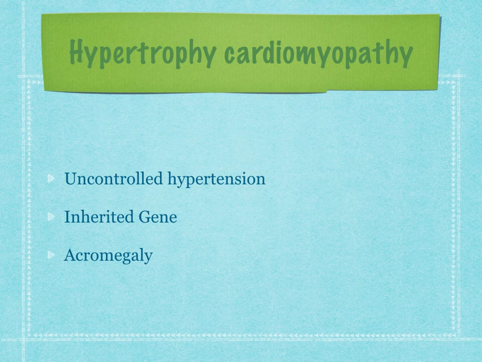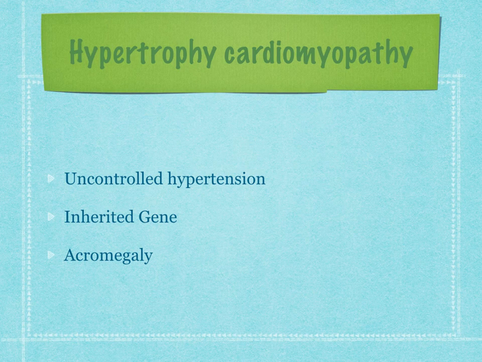This causes the actual chambers of the heart to become very small, and little volume ejects out of the heart, thereby decreasing cardiac output. Now, less forward flow leads to backward flow. So, this is what happens in uncontrolled hypertension.